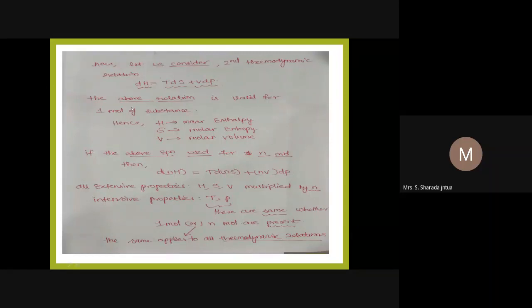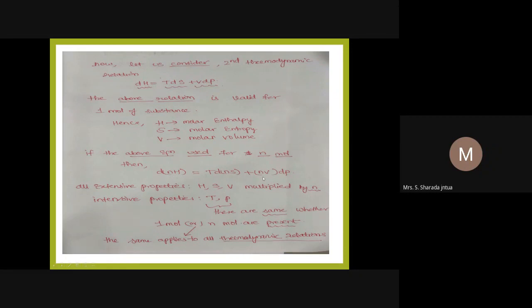The above relation is valid for 1 mole of substance. If we take 1 mole of substance, then H is molar enthalpy, S is molar entropy, and V is molar volume. If you write that expression in terms of moles, it can be written like this, where n stands for the number of moles.